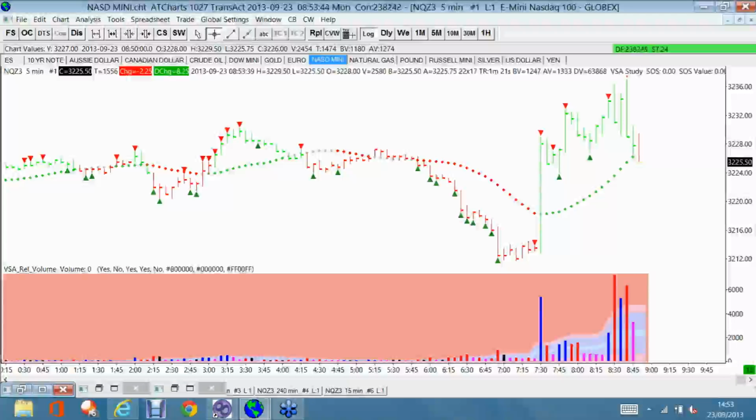Right, can anyone have a guess what I would be looking for here for confirmation to take a short trade? Because it's pushing up at the moment, but what would I be looking for as confirmation? See if anyone can have a guess. It's not no supply, because that would be strength.